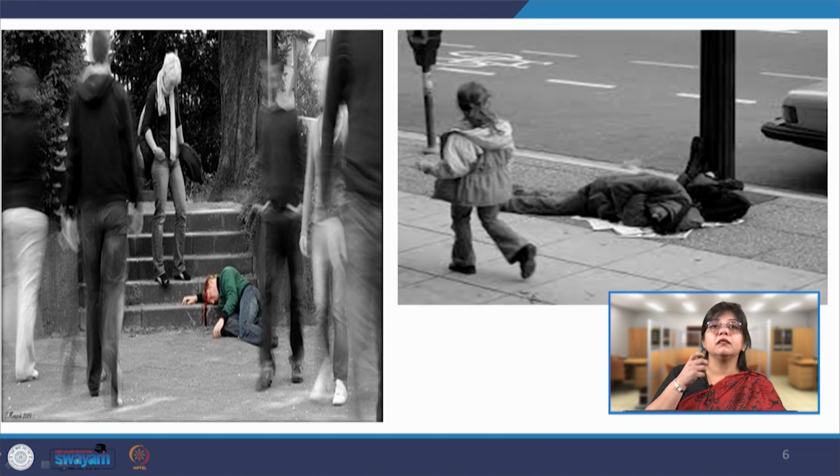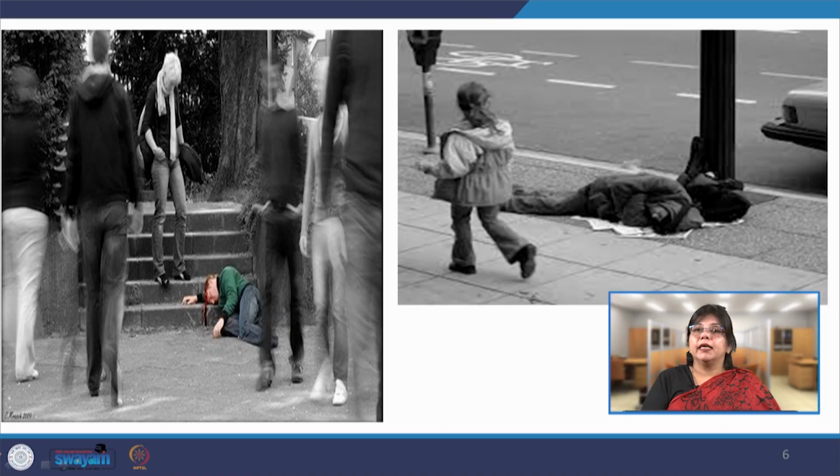We can understand this situation based on this example. In both the examples, it is clear, maybe in the first picture where the person is bleeding and lying on the road, maybe the person was heavily drunk and could not control his steps on the stairs and has fallen down. So, any bystander would just pass by, attributing the reason that the person was extremely drunk, he is an alcoholic, and would not extend any help. So, this is the attribution.